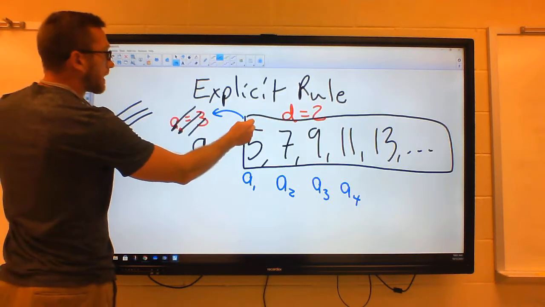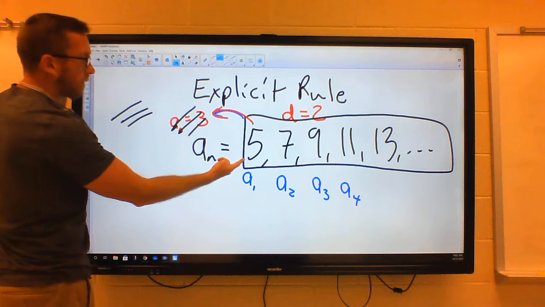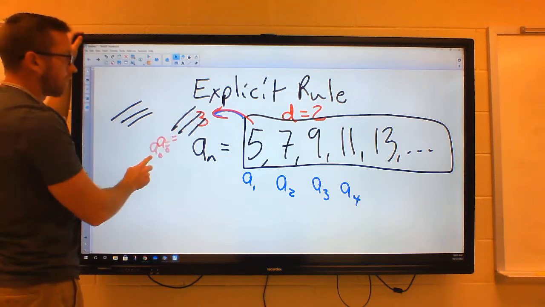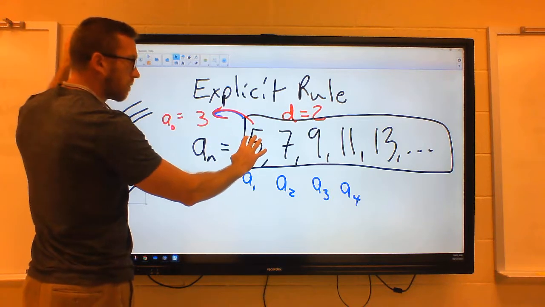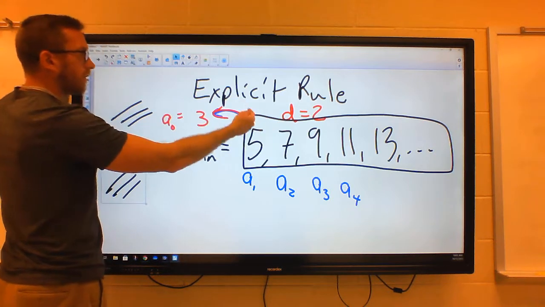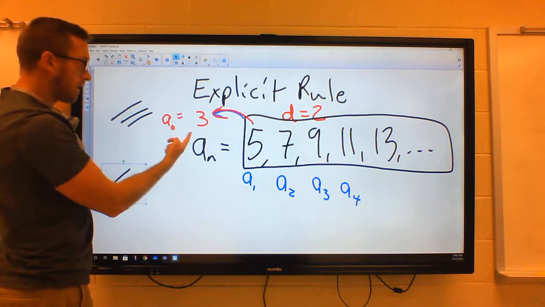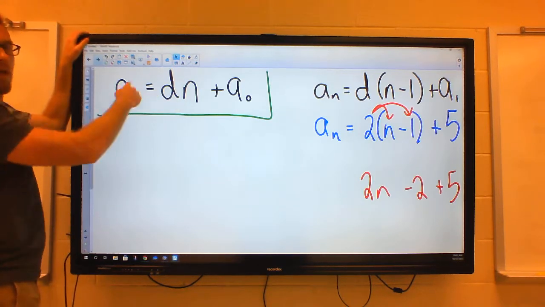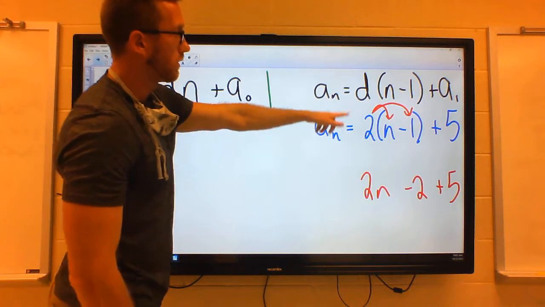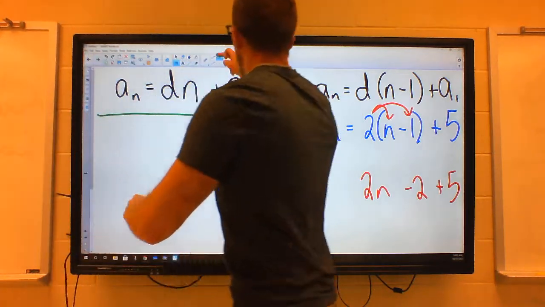Well, if I subtract our common difference away from our first term, we get to the zeroth term. If I start at my first term and go the common difference in the other direction, subtract it away, I get to my zeroth term. That's why I use this shortcut if you'd like, but you're always welcome to use this method. And I'm not done over here.